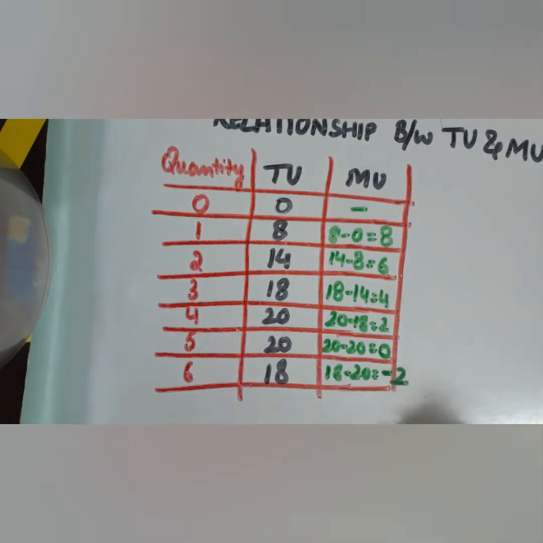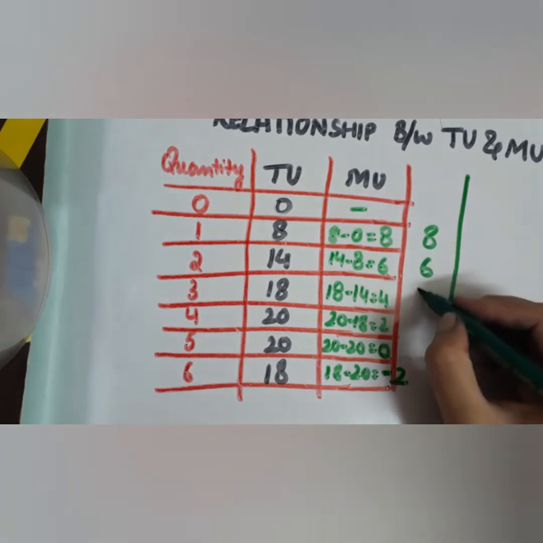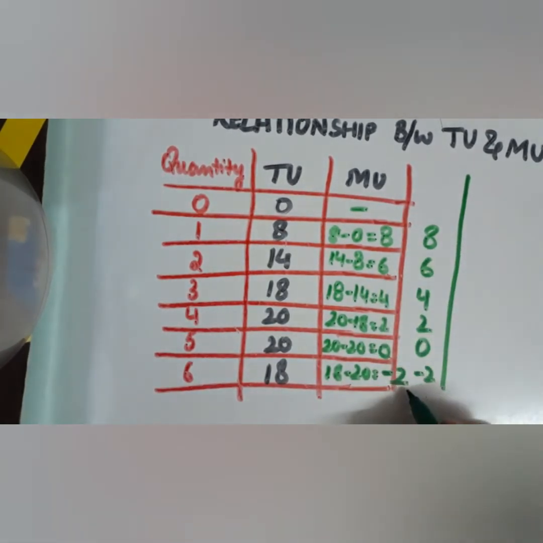Okay, so this way we have got marginal utility, and you can see the marginal utility is 8, 6, 4, 2, 0 and minus 2.